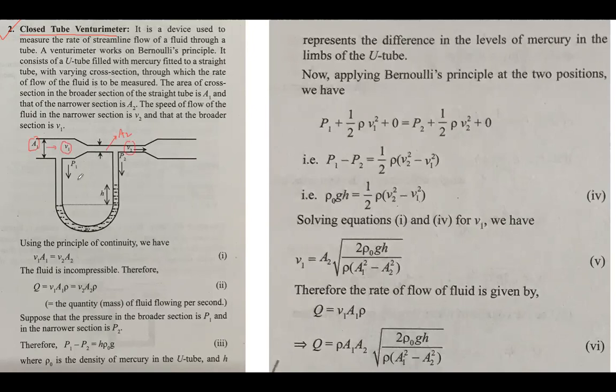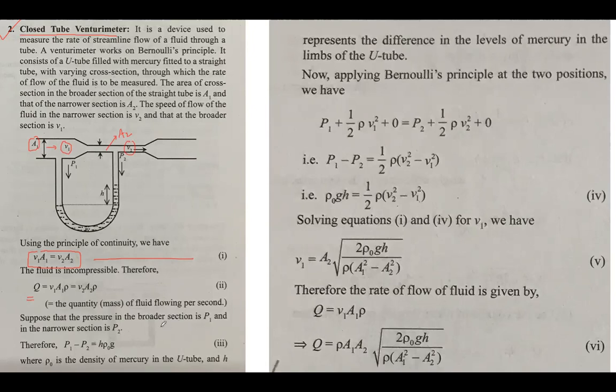Using the principle of continuity, we know that V1 A1 is equal to V2 A2. This is the first equation. The fluid is incompressible, therefore the flow of liquid will be A1 V1 rho. So if you multiply both sides by rho, we get the mass of fluid which is flowing per second.